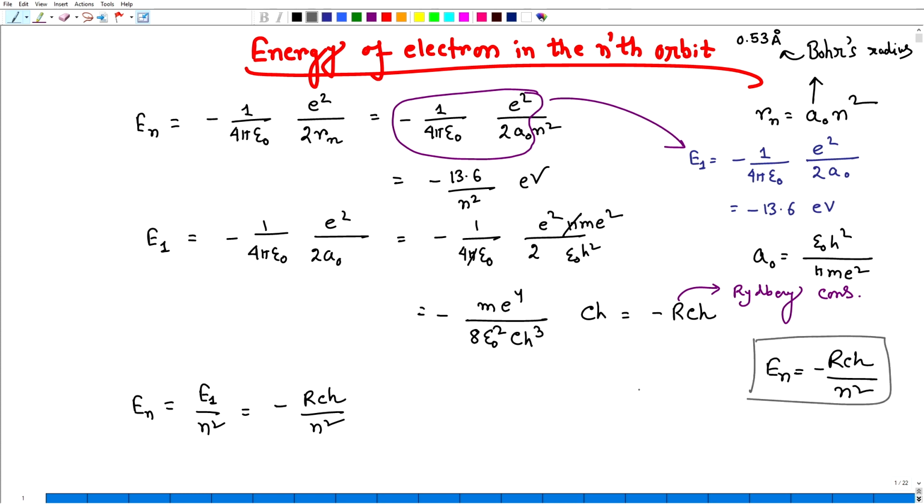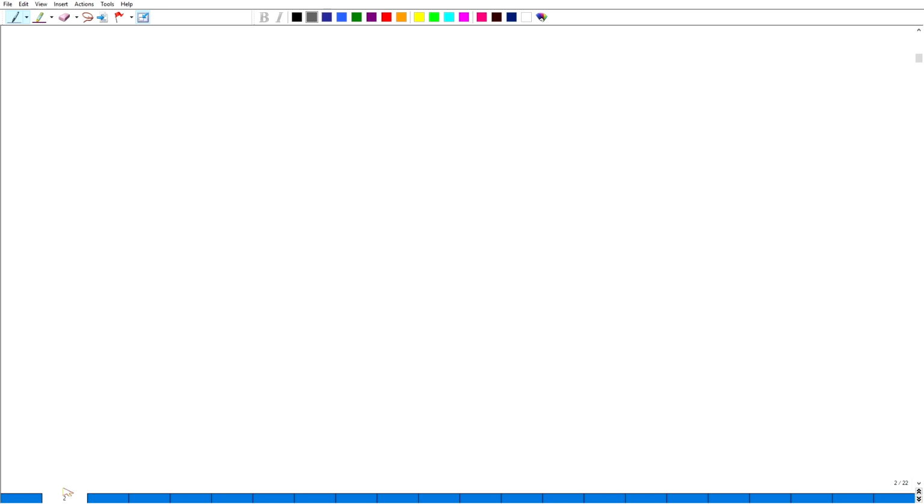Okay. So also we can see that En is proportional to 1 by n square, but there is a minus sign. We have to keep in mind that there is a minus sign as well. So if n is increasing, that means 1 by n square will decrease and En will increase because there is a minus sign.